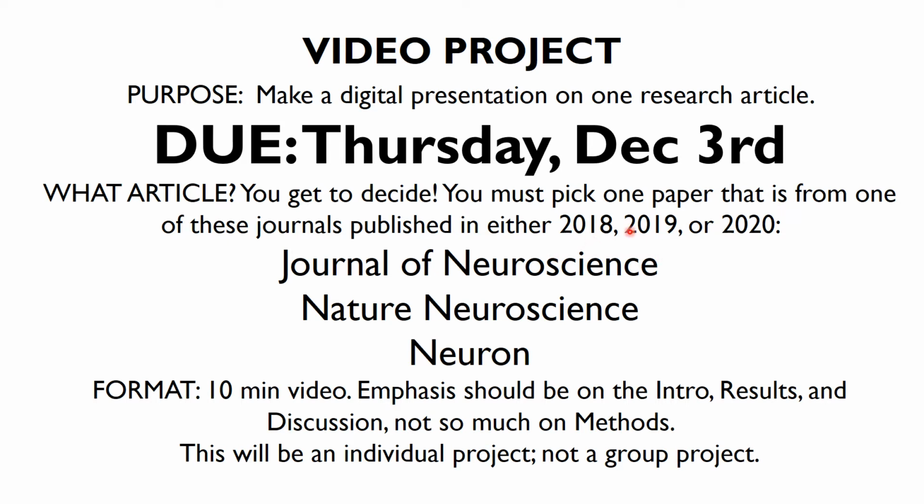And as I've said before, all three of these journals publish every single week. And there's usually 15, 20 articles in each issue. So between the three of them, you have more than 100 articles published every single month. And you have 3 years to choose from. So there's plenty to choose from. We'll talk a little bit more about searching for articles in just a moment.